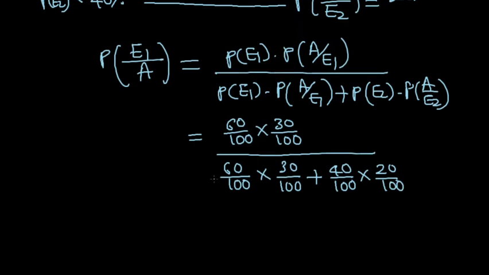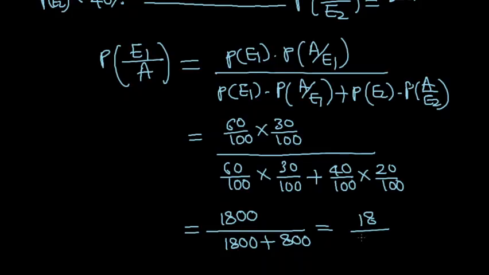Taking 100 into 100 common and cancelling: 6 3s are 18, so 1800 divided by 1800 plus 4 2s are 8, 800. So 18 divided by 18 plus 8, which is 18 by 26, which is 9 by 13. That is the answer.